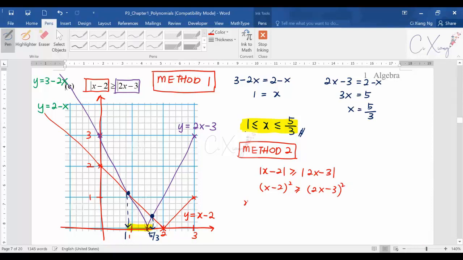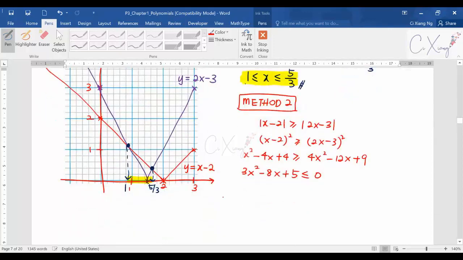So square both sides, I will have x squared, we expand it, and then you try to simplify. After you get this, it is a quadratic inequality, then I will factorize it.